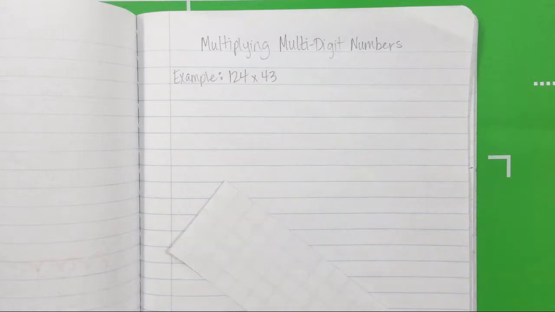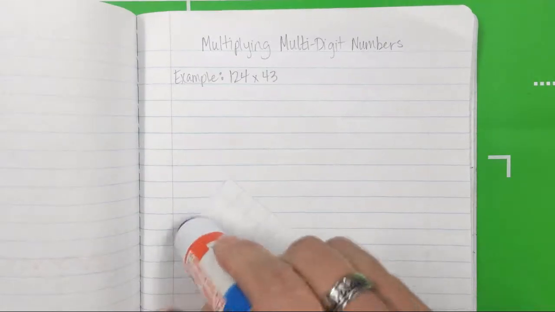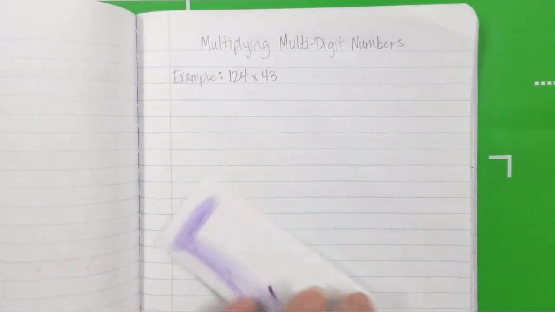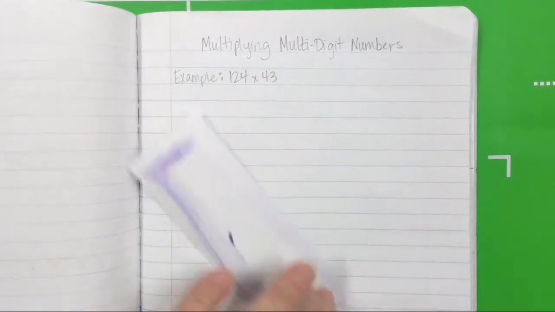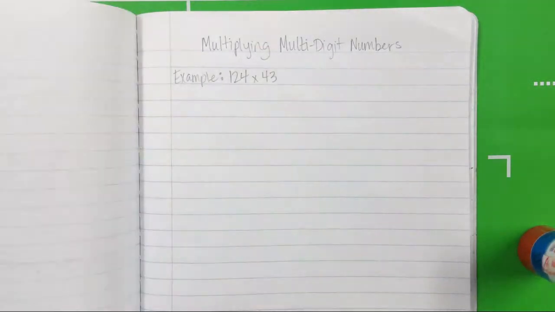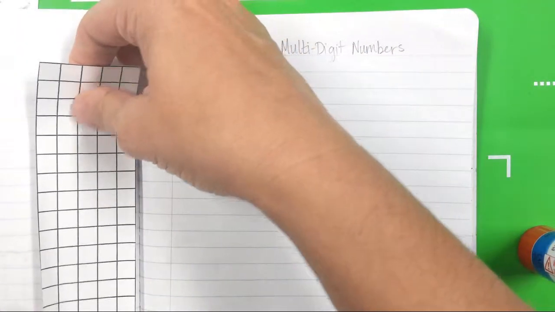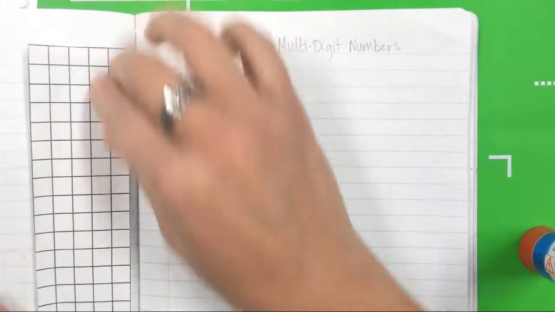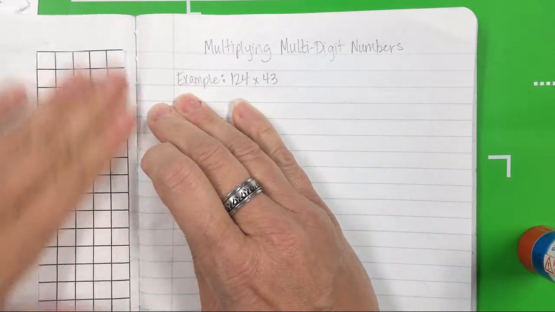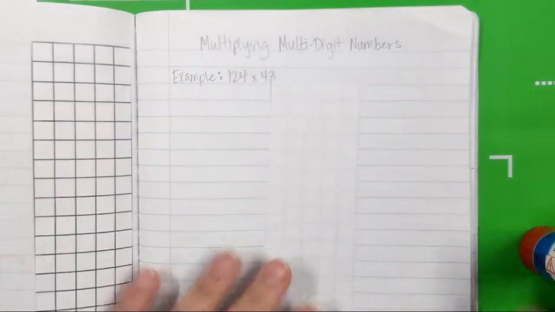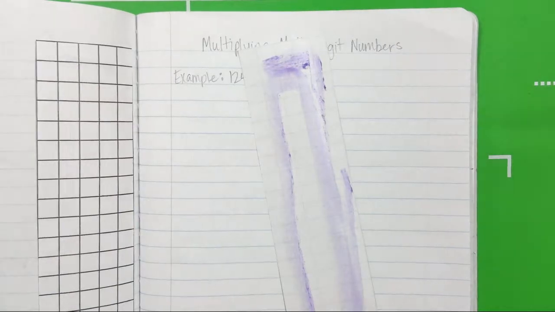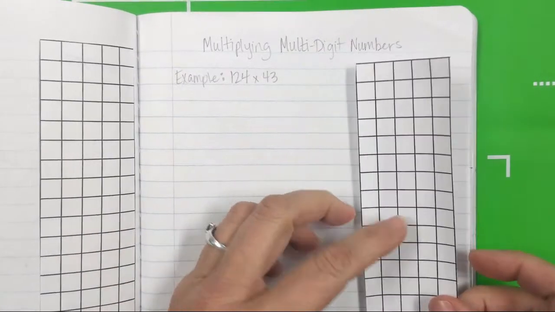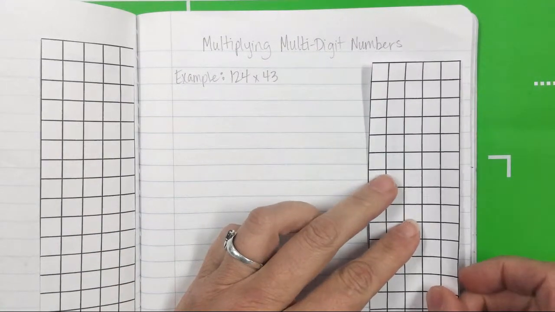Then, after you have those cut out, you're going to glue them to the sides of your journal, just like so. I'm going to glue it on one side, and then glue it on the other.